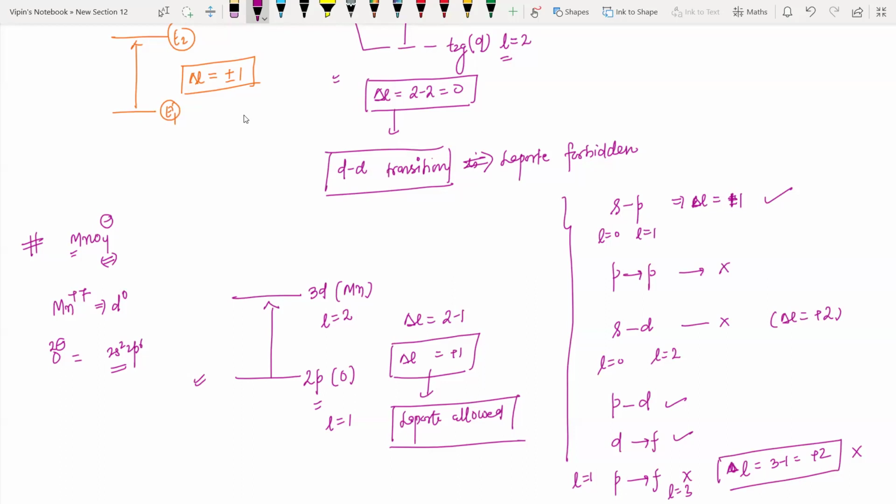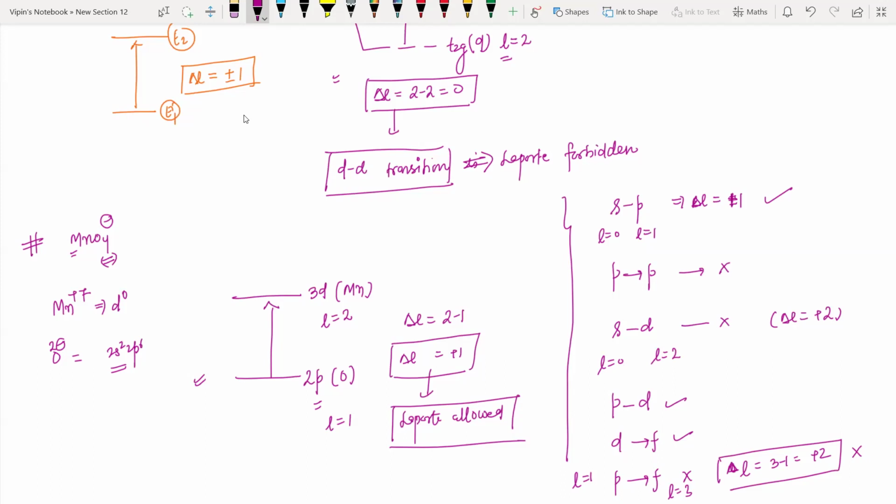If any complex obeys the Laporte selection rule, because electronic transition between two states leads to a difference in L value of either plus 1 or minus 1, it means that particular complex will have more possibility of electronic transition, hence more absorption of light, hence more reflection of light, hence more intensity of color.